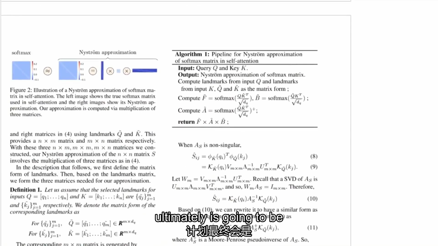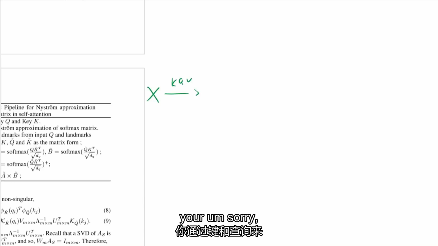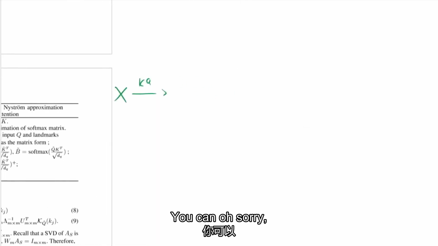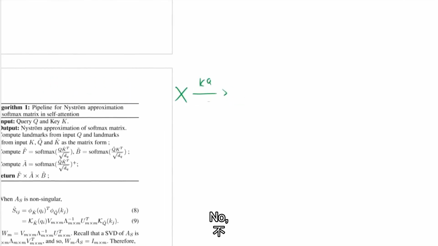So their plan ultimately is going to be, here you have your X. You construct by means of keys, queries, values, by means of keys and queries, you construct your matrix, let's call it S, by queries, keys.